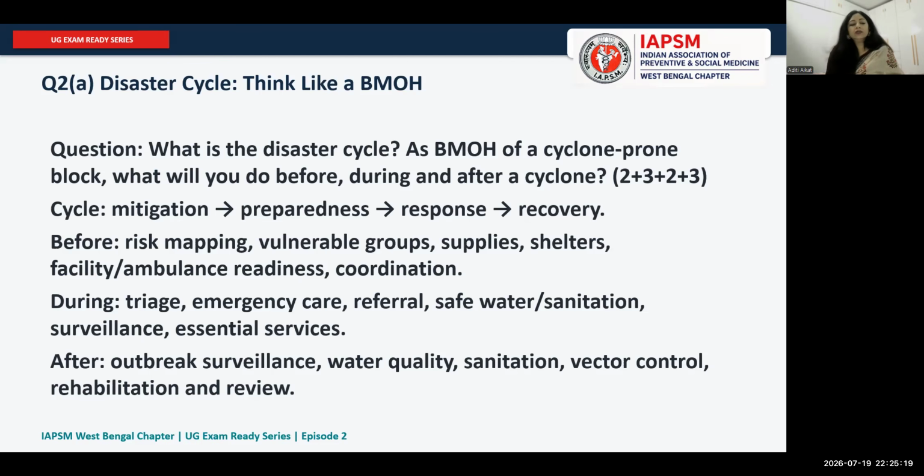Now, during the period of any kind of disaster, one is to focus on triage, emergency care, referral, safe water and sanitation in case of cyclone or flood for that matter, surveillance and essential services. And after the disaster, the focus areas while writing should be on outbreak surveillance, water quality, sanitation, vector control, rehabilitation, and of course, reporting and review.